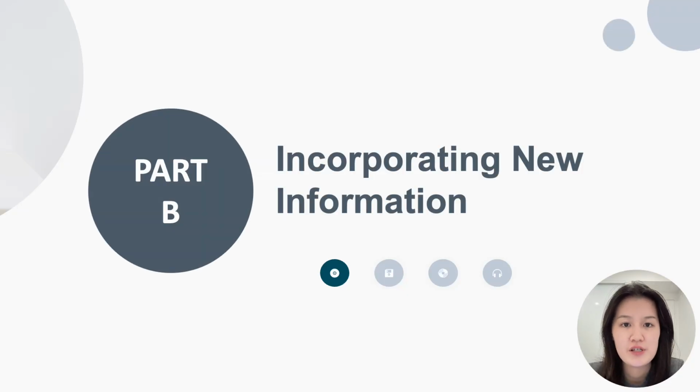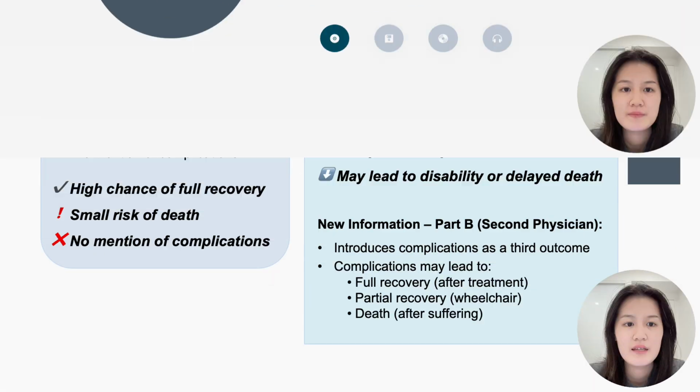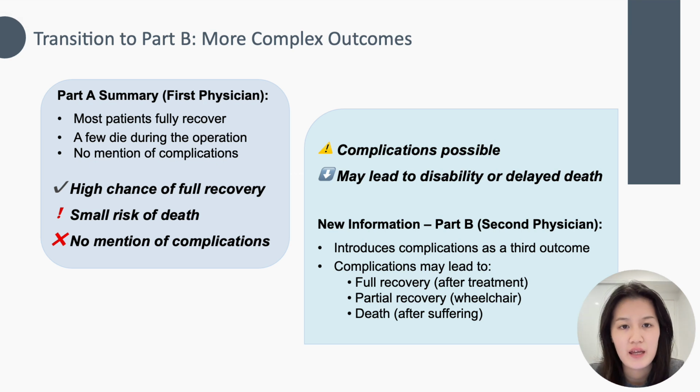But that changes when we hear from the second physician, who adds a new possible outcome to the surgery path: complications. In Part A, we only considered two outcomes after surgery: a high chance of full recovery and a small chance of death.